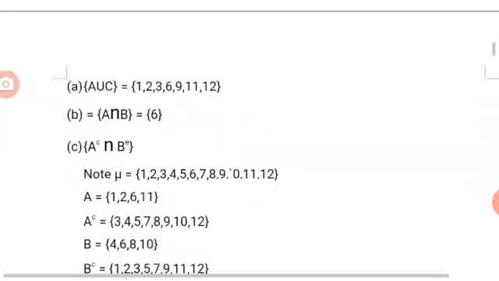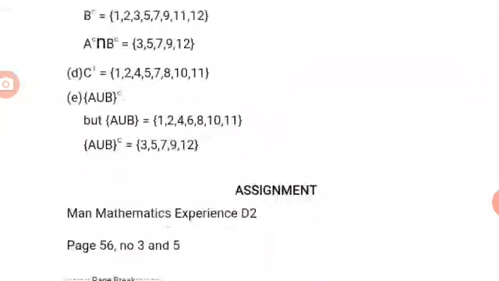When you look at A union B here, you will see that A union B is 1, 2, 4, 6, 8, 10, and 11. That is what is in set A and in set B. Is that clear? But mind you, any element should not be repeated twice. You write it once.